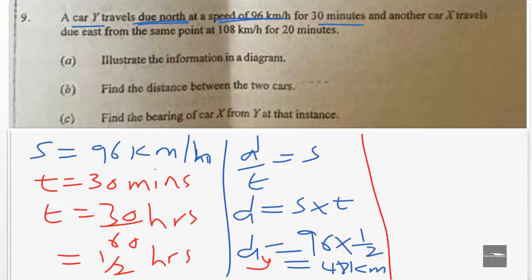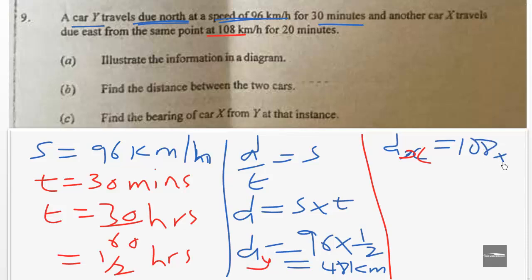Again, we can also calculate the distance covered by car X. The distance covered by car X will be equal to the speed, which is 108 kilometers per hour, times the time.